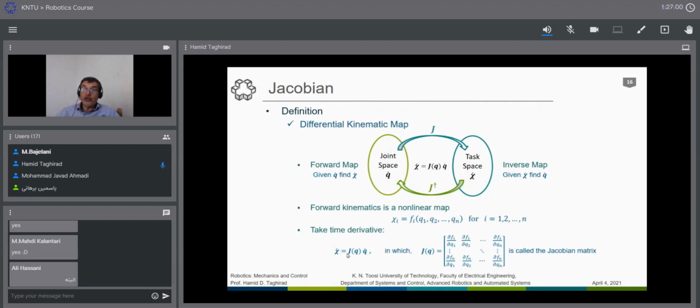It is basically configuration dependent, so that when q dot is given, you can find x dot or chi dot by simple multiplication of the Jacobian times q dot. This definition is for serial manipulators, not for parallel manipulators. For parallel manipulators, we have a different approach.